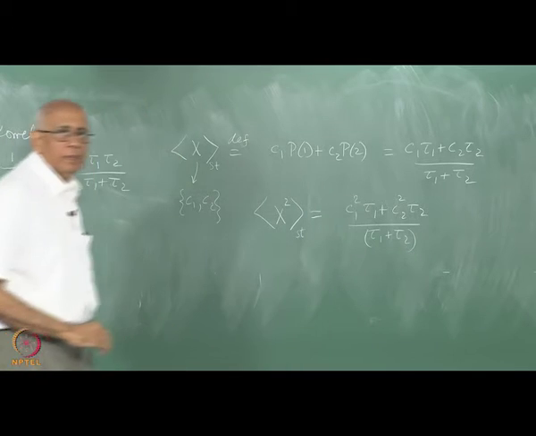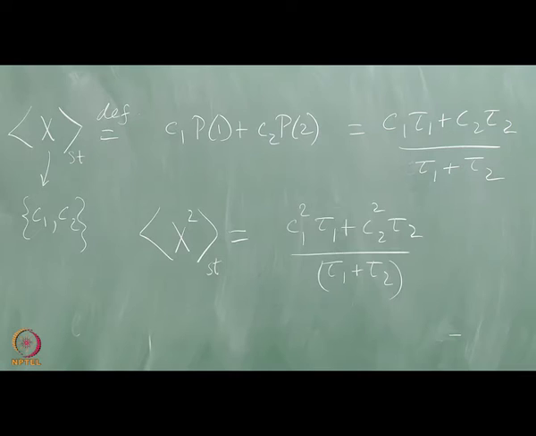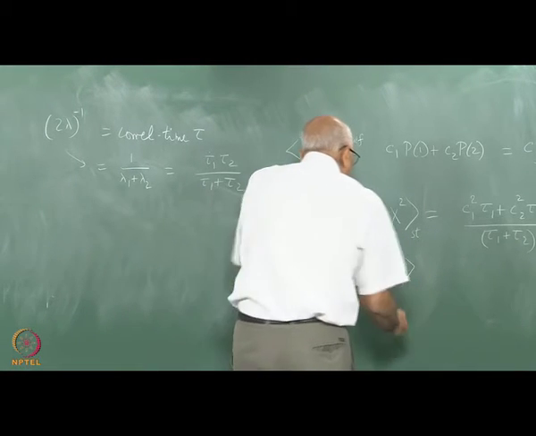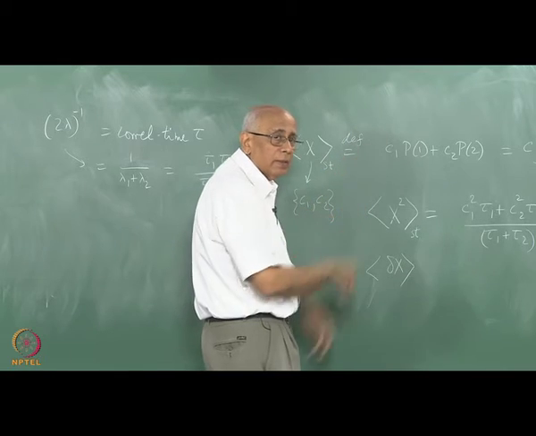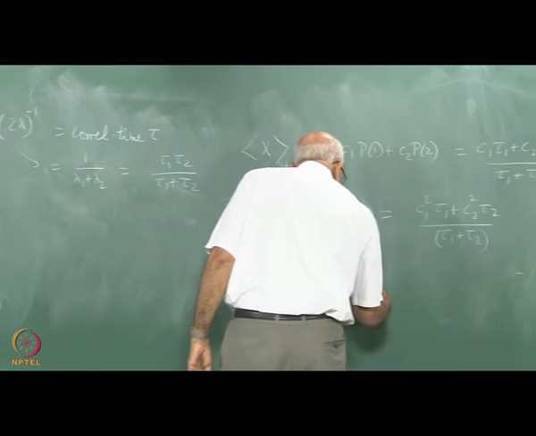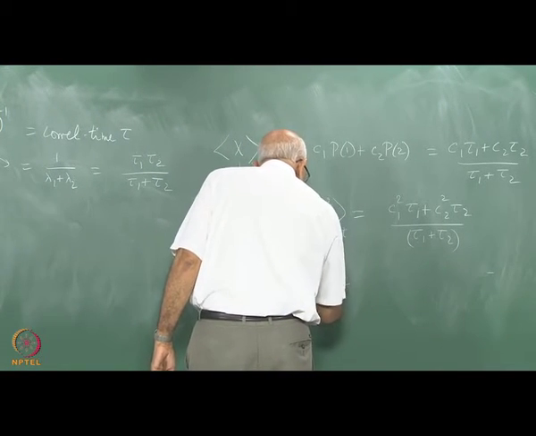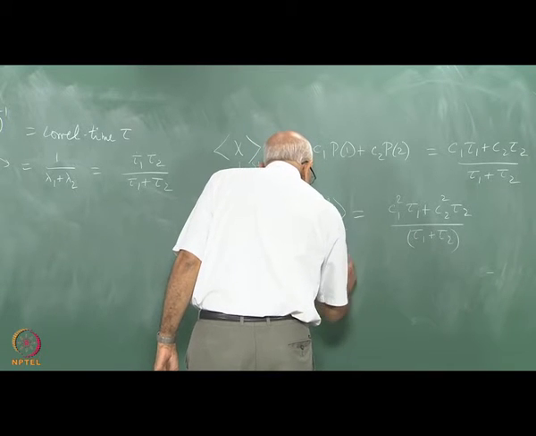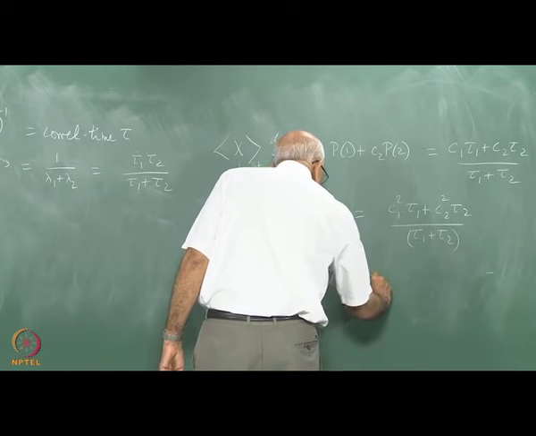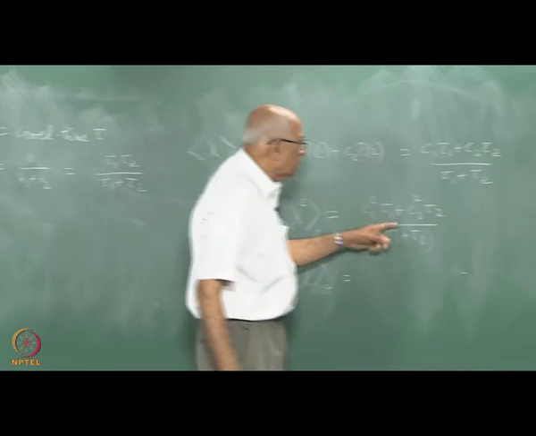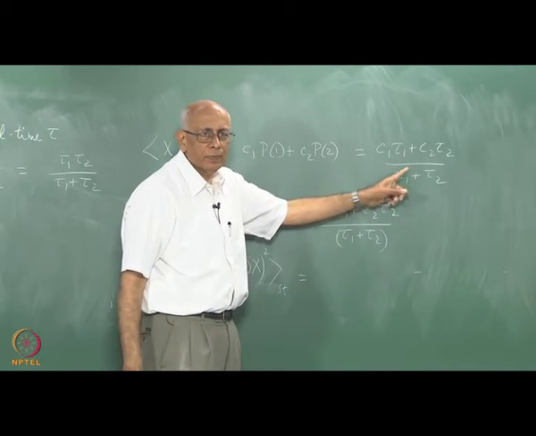And what is the variance going to be? So what is delta x whole squared, that is the difference between this and the mean squared, stationary? What is that going to be? That is equal to this minus the square of this fellow.